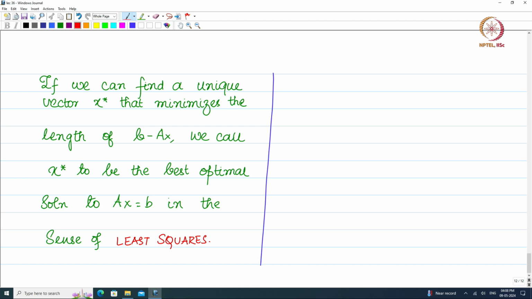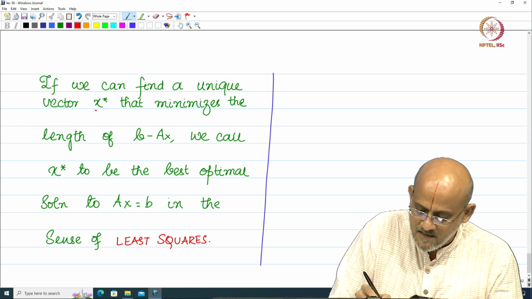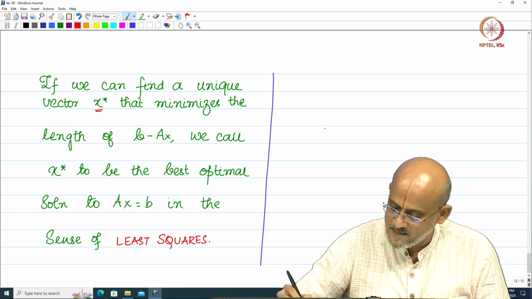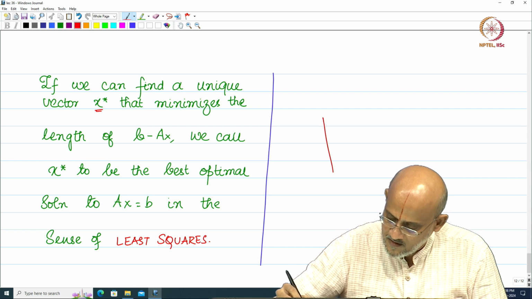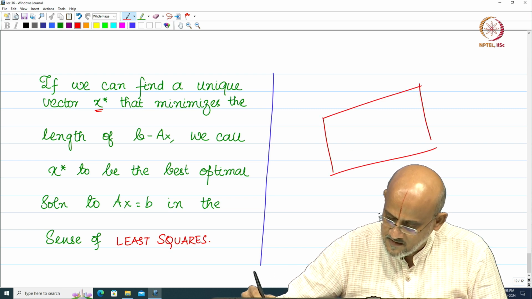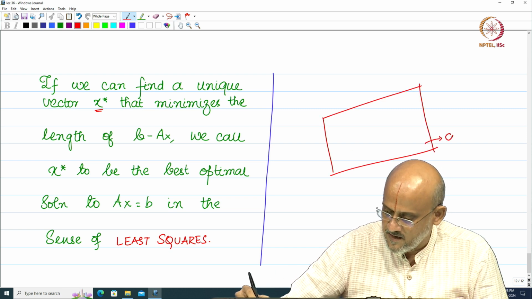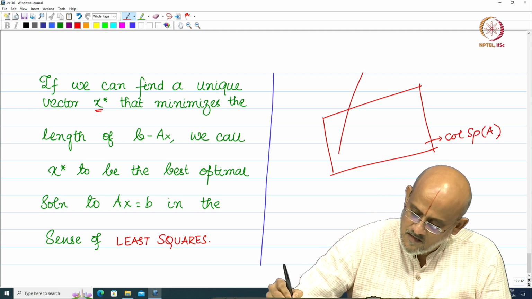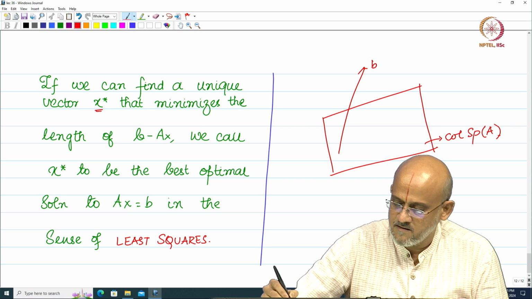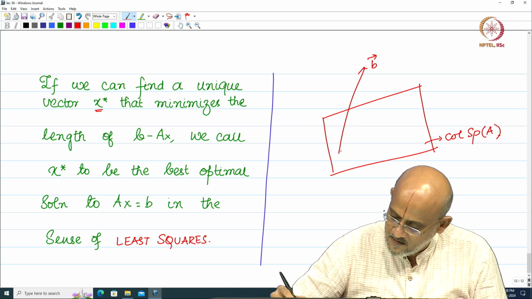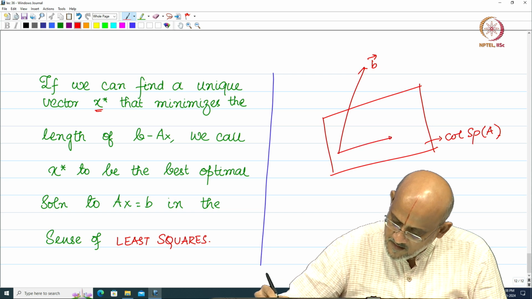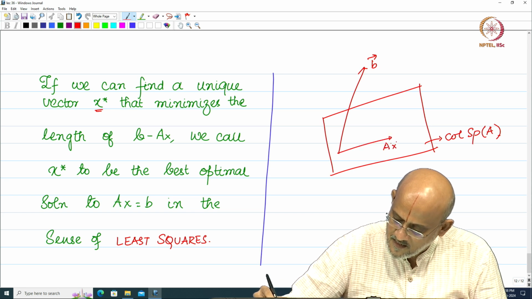So what we want is basically to find that x star which minimizes the length of b minus ax. Now, let us look at this again. We had this: assume that this is the column space of A and assume that this is the vector B, and this is the vector Ax star.